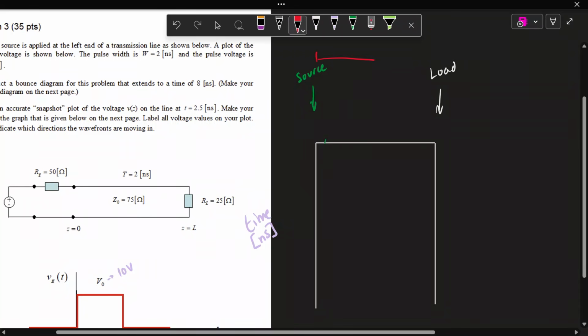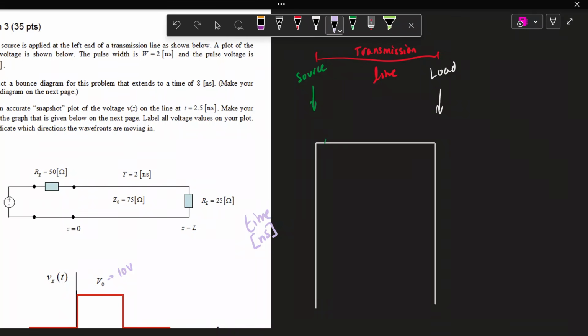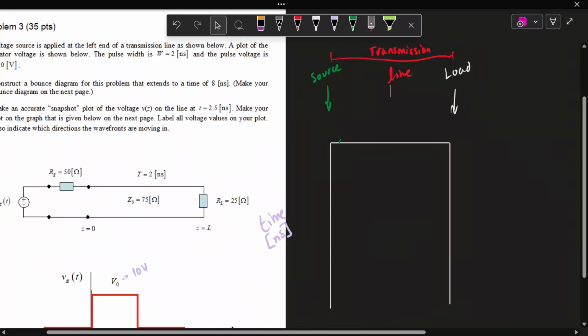So everything in between is essentially the transmission line. We start at the source, go all the way through the transmission line, and hit the load. So what does that tell us from left to right? Well, we're going to see how the wave propagates on this line.